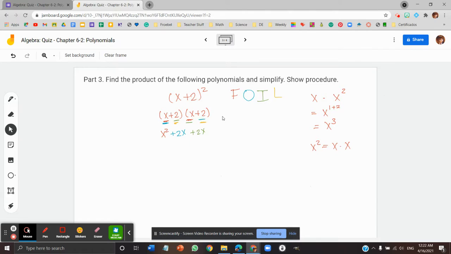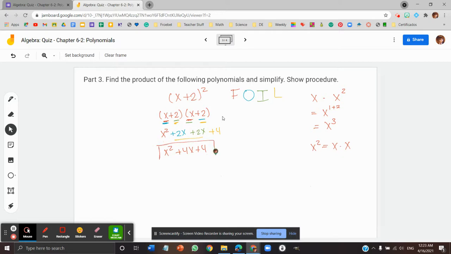And 2 times 2 is 4. Again, I have terms that are alike, so I can combine them. 2 plus 2 is 4x plus 4. As you can see, we get to the same place.